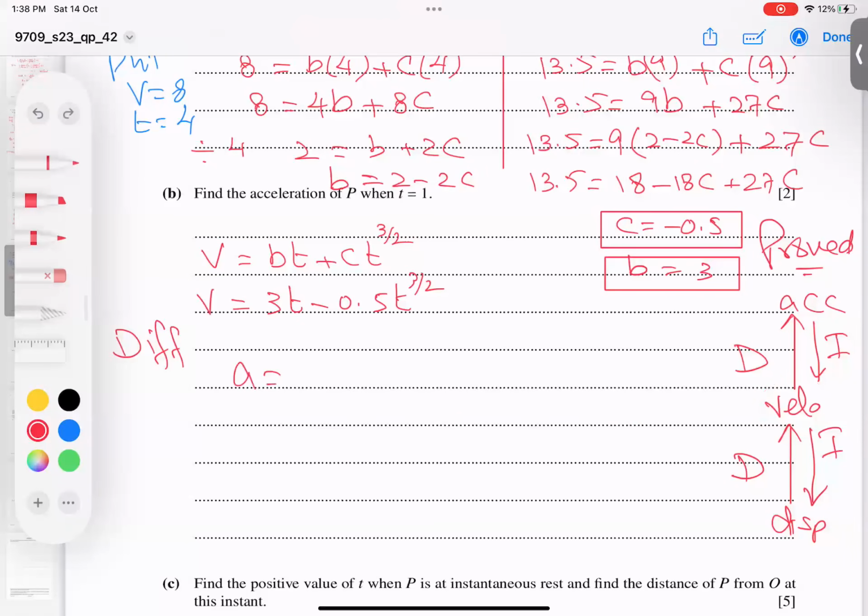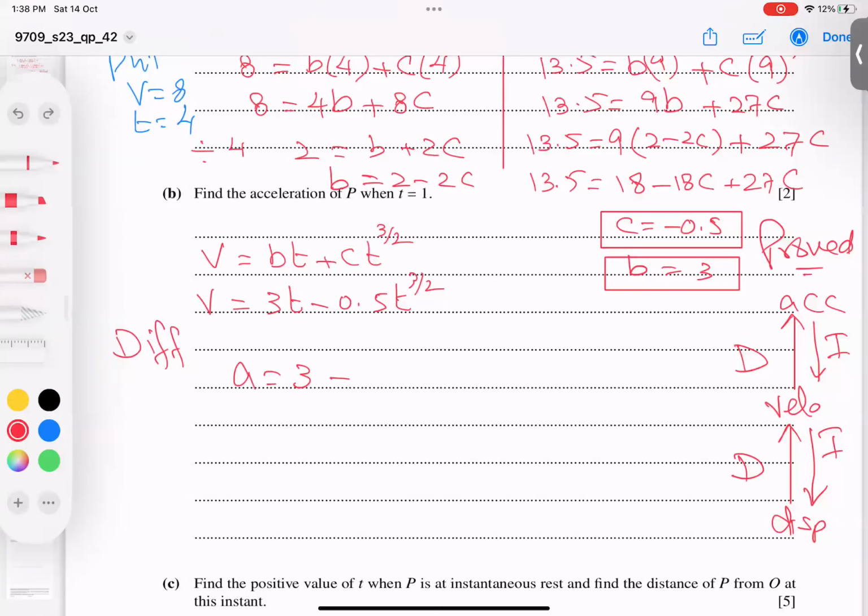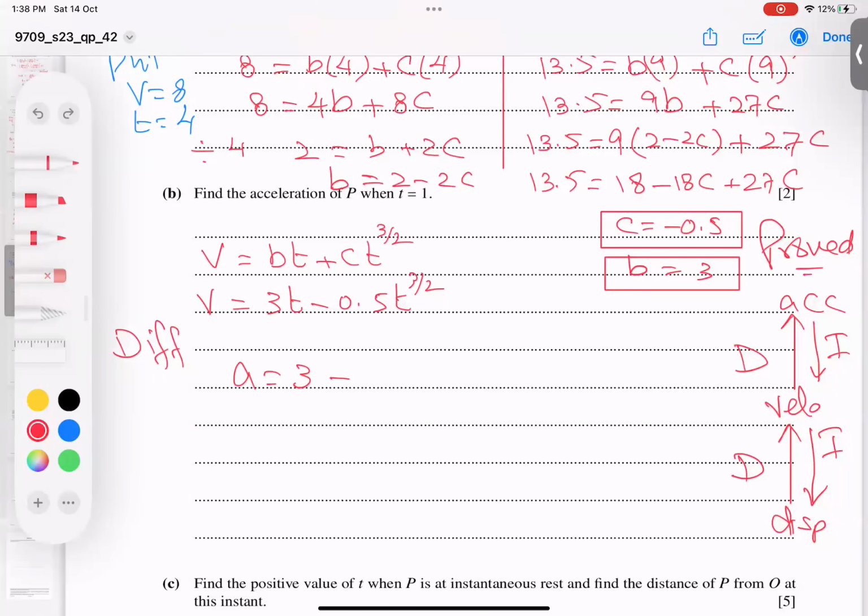And what is the differentiation of 3t? It becomes 3. 3 by 2 multiplied with this one, I get negative 3. Wait a minute, 3 by 2 into 0.5. Yeah, is a half. So becomes 3 by 4. Or 0.5 times 3 by 2, and from power 1 less, becomes half.